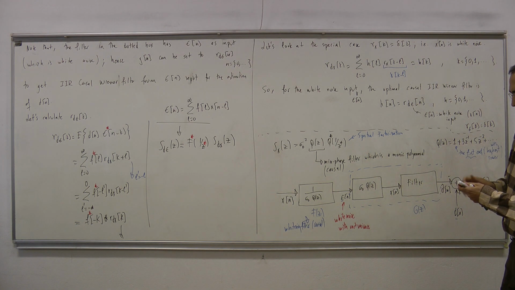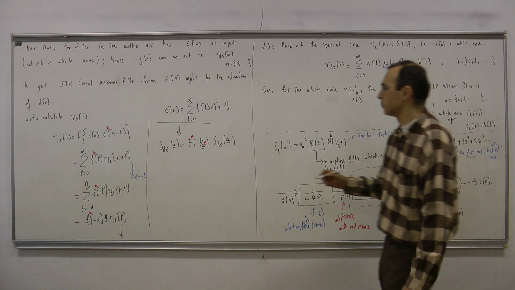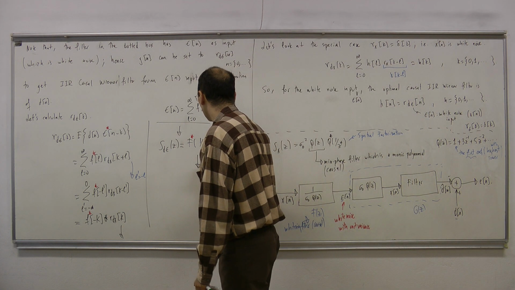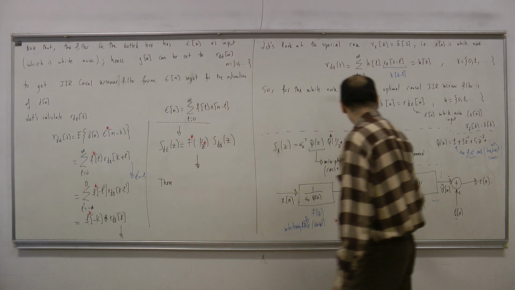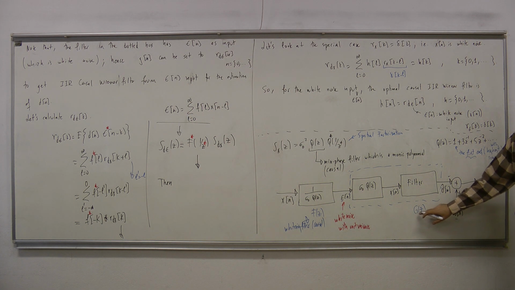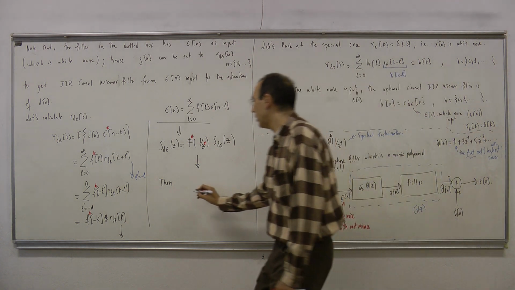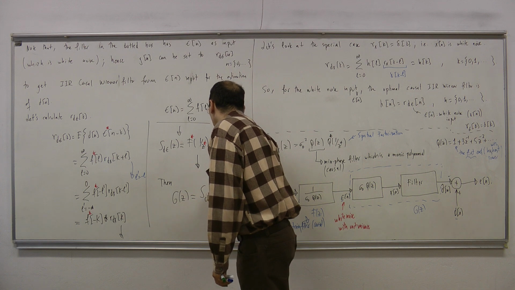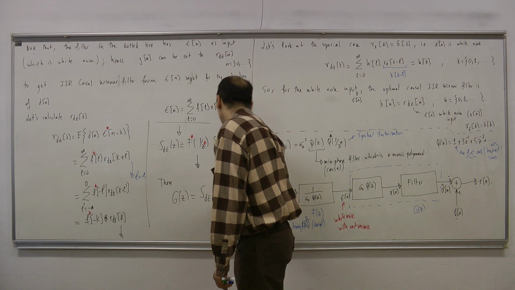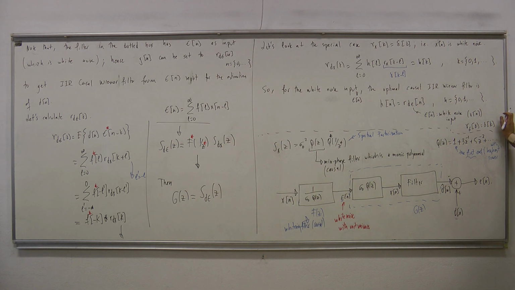Then, what else? Then, setting, can I construct this G of z? Well, I can construct this G of z as S_epsilon of z, but I should be a little bit more careful.